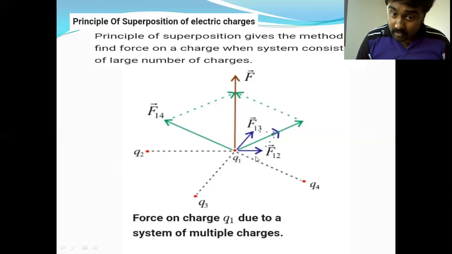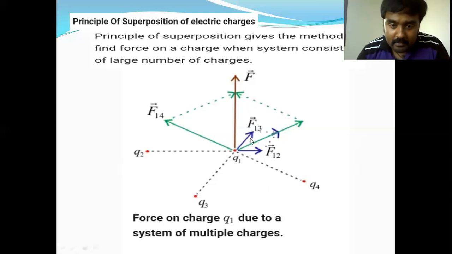The direction is R21 cap, because it is directed from Q2 to Q1. F12 vector is the force acting on plus Q1 due to plus Q2, which is repulsive.